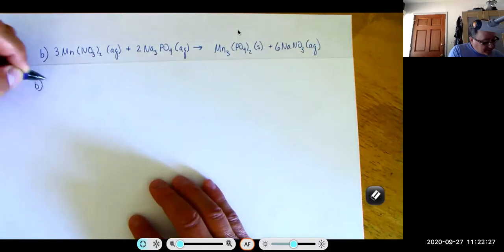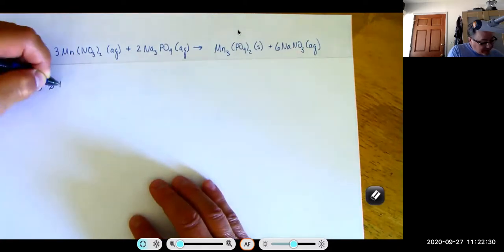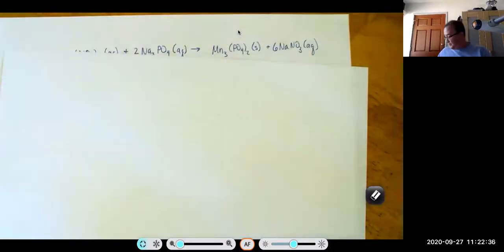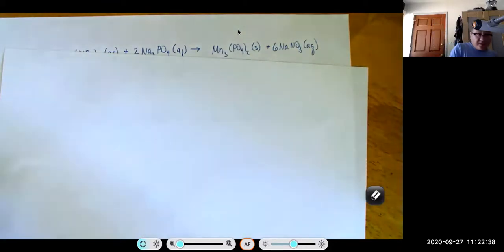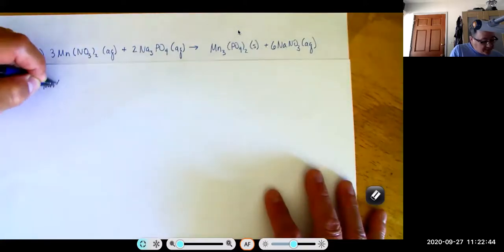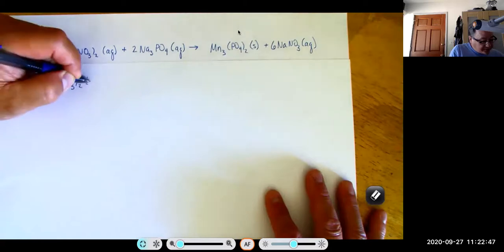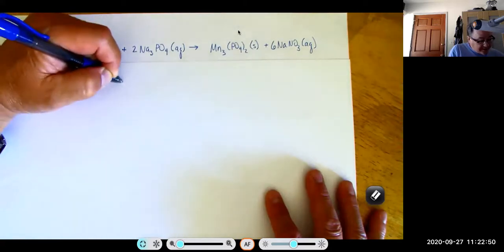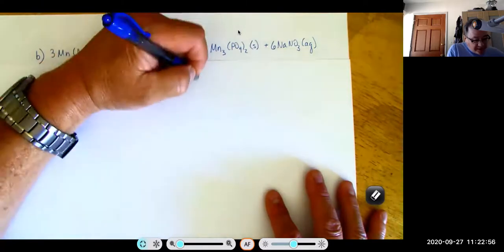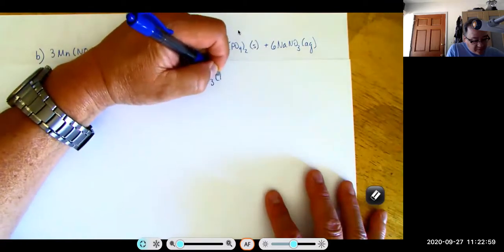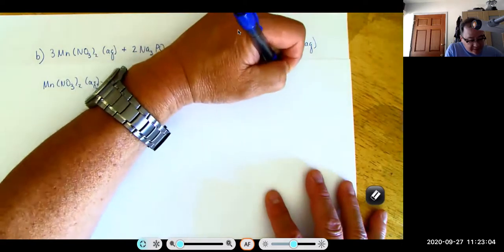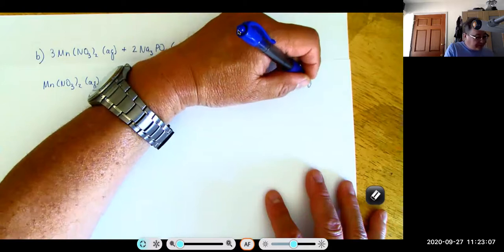So just so that we can start fresh, we have Mn(NO3)2 aqueous plus Na3PO4 aqueous gives you Mn3(PO4)2 solid plus NaNO3 aqueous.